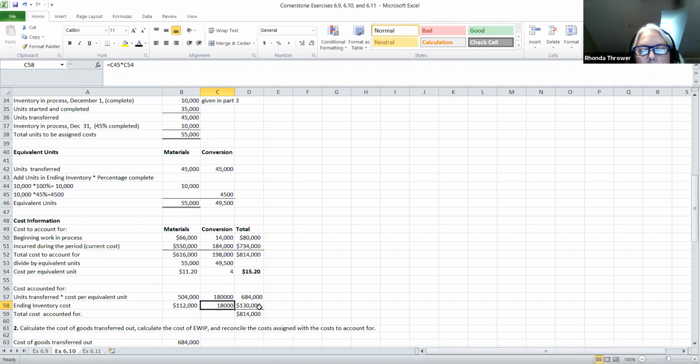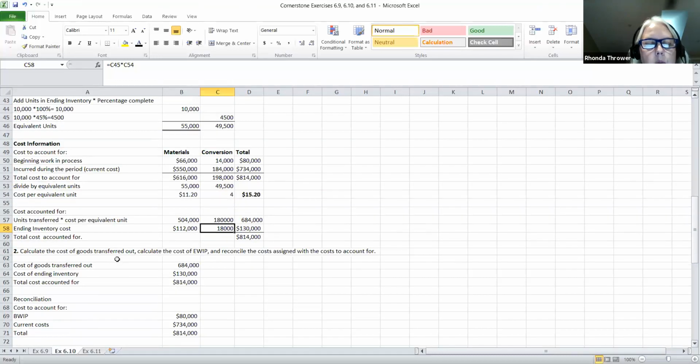The ending inventory cost is 130,000, which combined with what you transferred out, that would give you the total cost to account for of 814,000. Notice this equals this amount up here. It has to reconcile back to this amount.